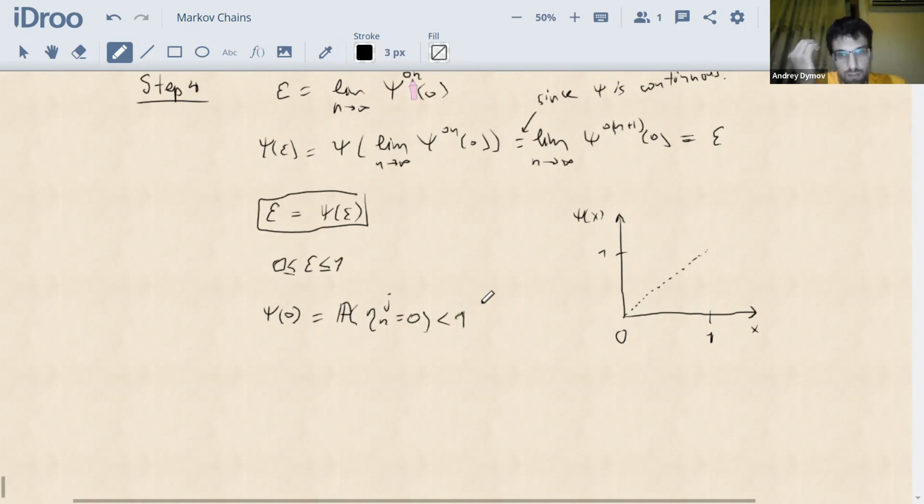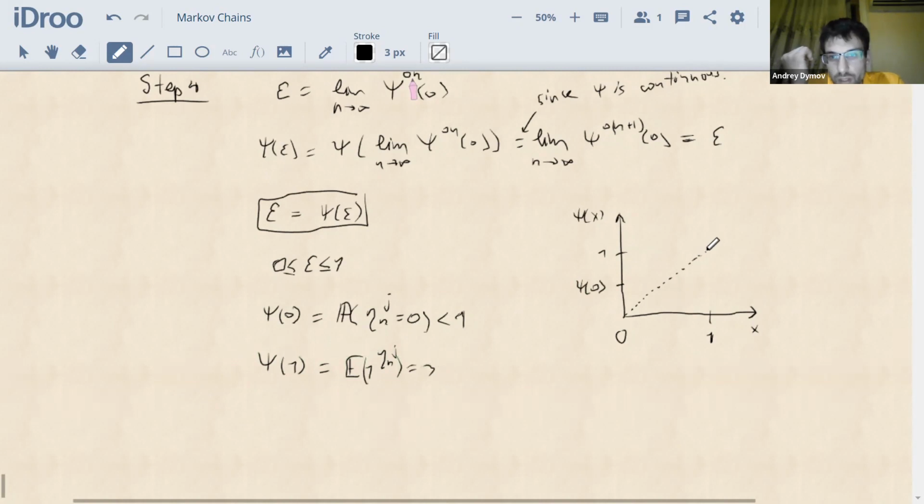So we assume that this is smaller than 1. And here is psi of 0. What is psi of 1? Psi of 1 is the expectation of 1 to the power eta nj. This is, of course, 1.